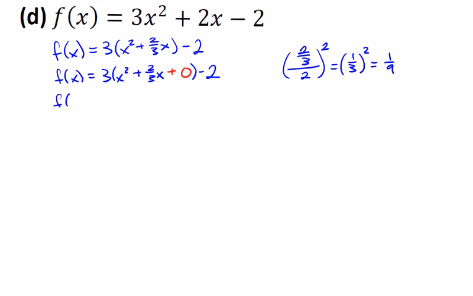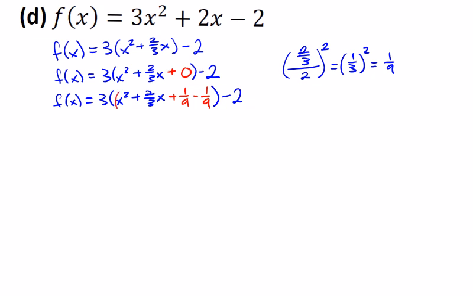So going back to my equation, f of x is 3 times x squared plus 2/3 x plus 1/9 minus 1/9, close parentheses, minus 2.